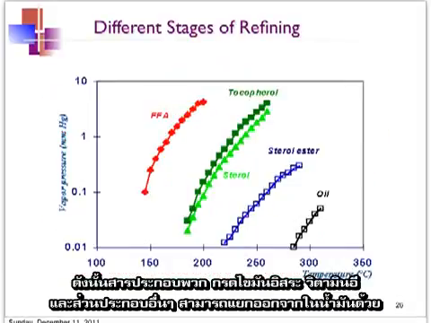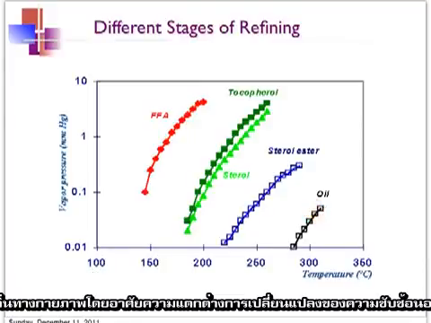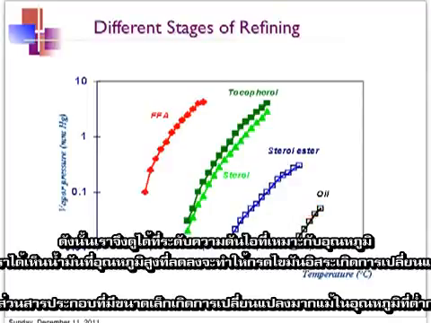So how can these different components, such as free fatty acid, tocopherol, and other components, be separated from oil during the deodorization process? The principle is actually based on the different degrees of volatility of the different components when compared to oil. We can see here a plot of vapor pressure against different temperatures.